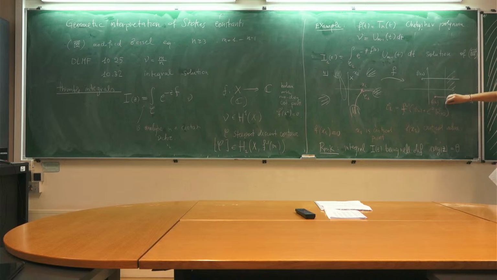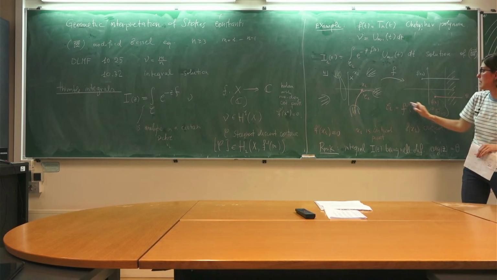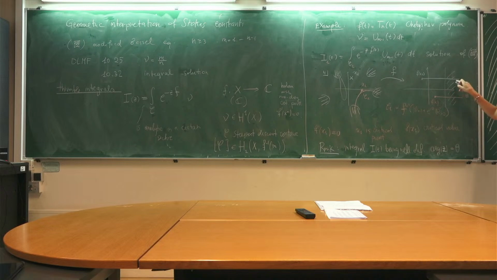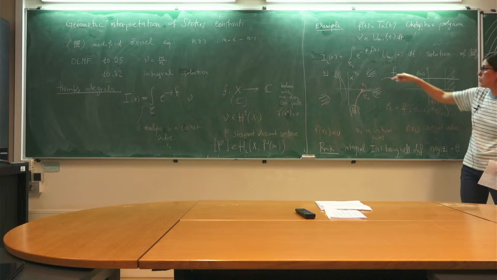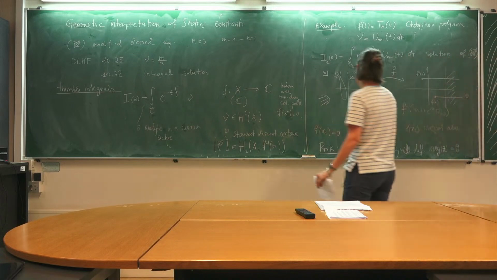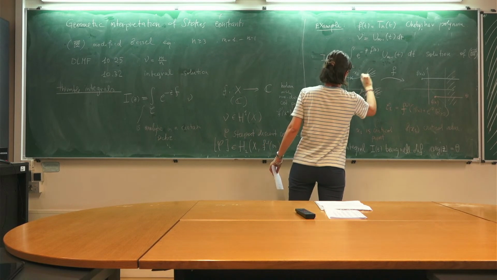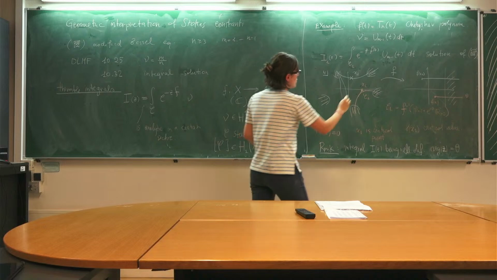So if instead you take a direction which goes through the F of x2 point, then the preimage of the second one will not be well defined any more, because the contour will land in the first one. So if this originally is maybe something like that, this is C2.